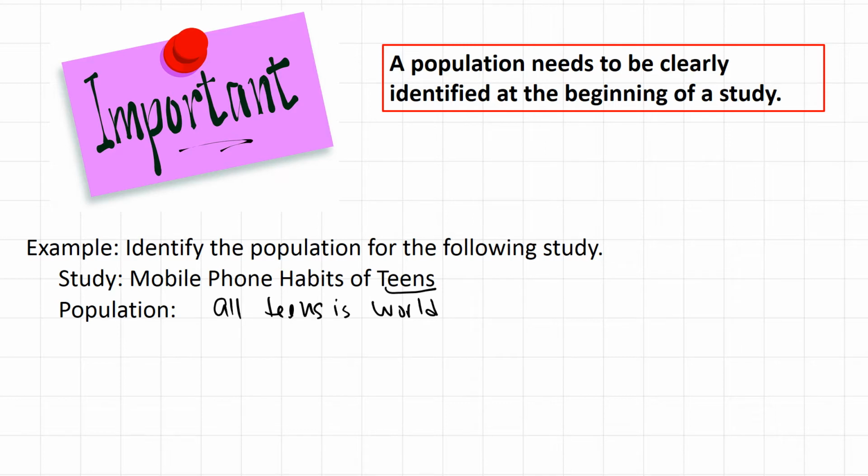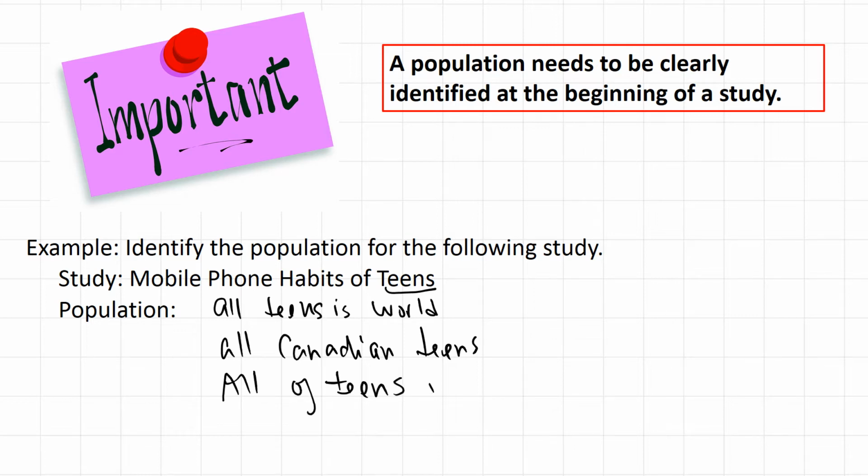So if we narrow it down a little bit and say, all right, we want to talk about all Canadian teens, that makes it a little bit easier. Or we could narrow the focus down a little bit more and say all of the teens in my school.